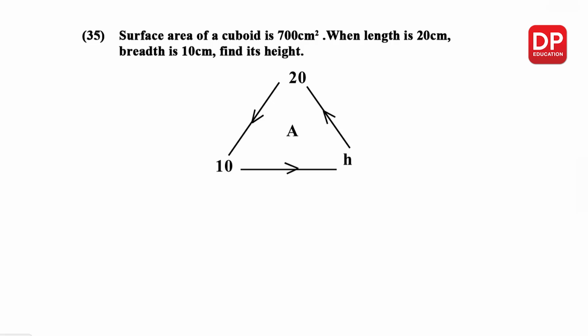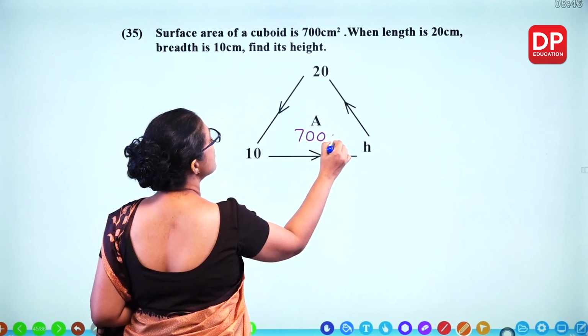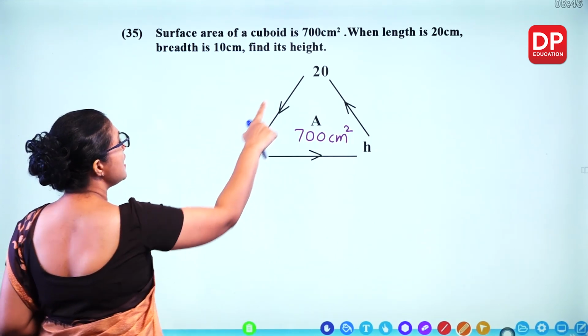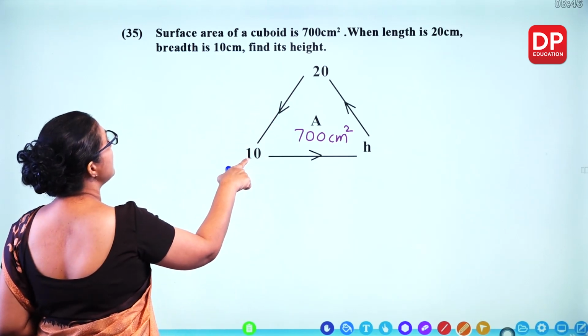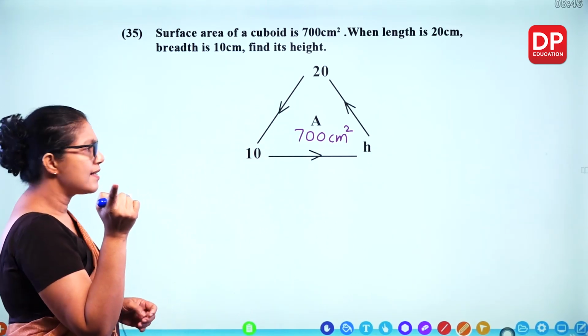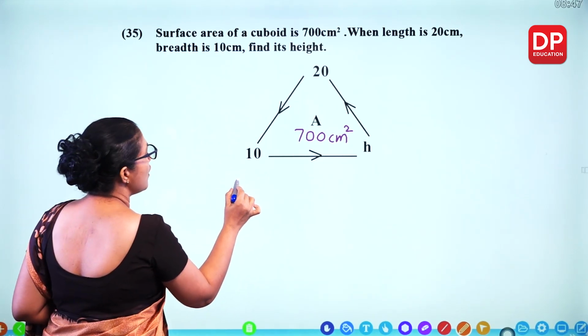Surface area of a cuboid is now given as 700 square centimeters, when length is 20, breadth is 10, and you are asked to find out the height. So we can put h as the height, but you can write down the same formula.